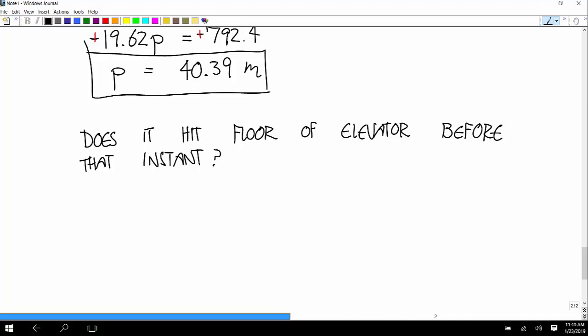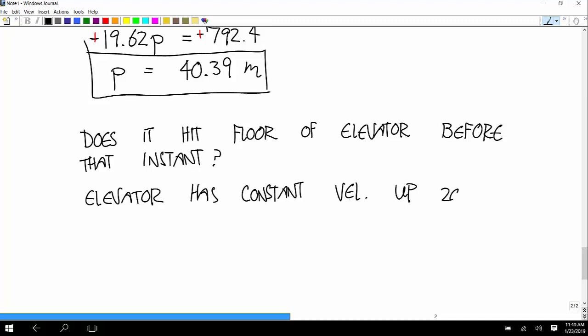Okay, so what we're going to assume is that the elevator is moving with a constant velocity of 20 meters per second up.